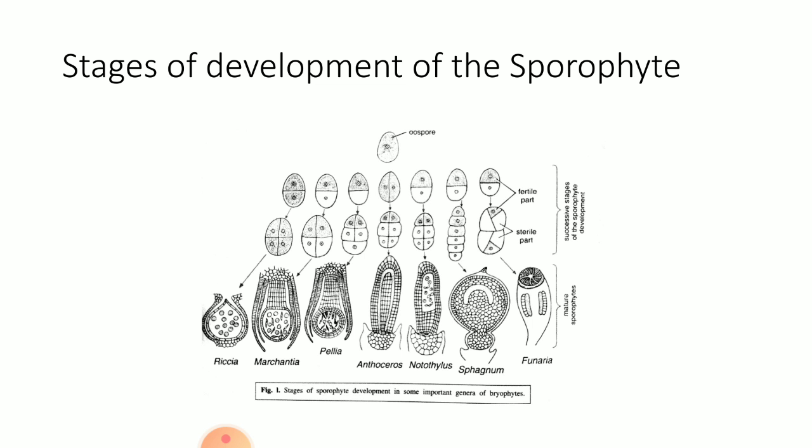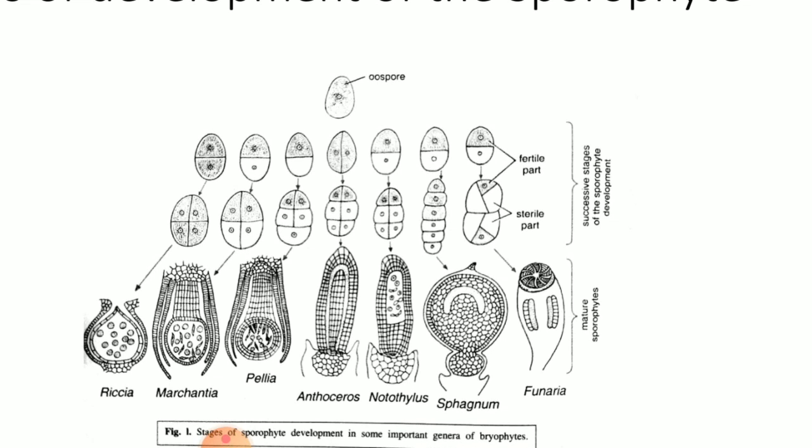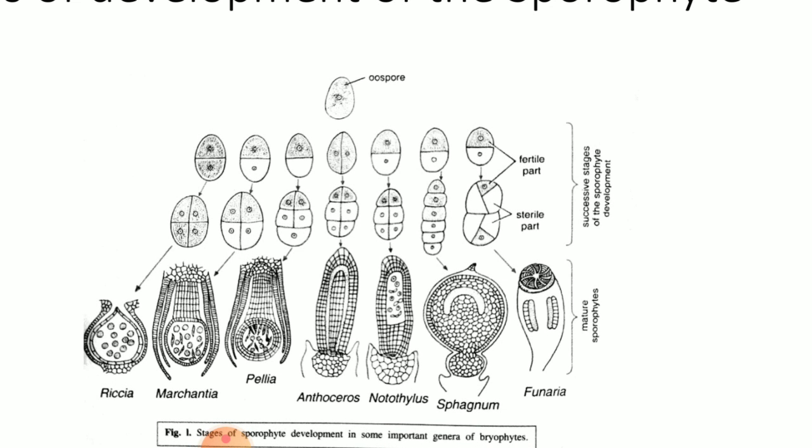So, this is the extreme limit in Funaria, where the progressive sterilization ends. This figure shows the stages of development of the sporophyte in some important genera of the Bryophytes.